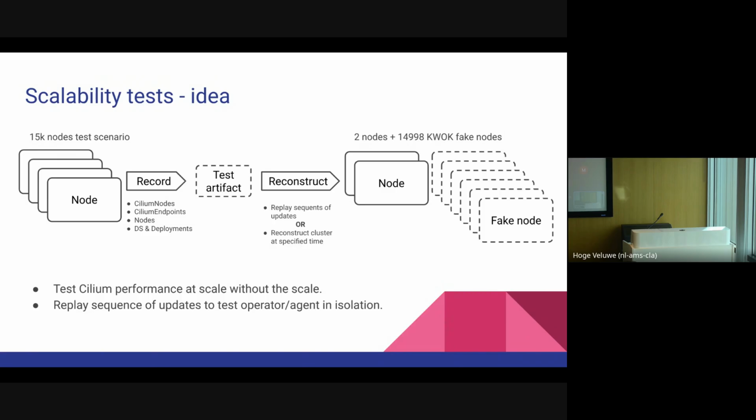This is another problem: we can't create a matrix of 15K tests for different instance types, it's impossible. But maybe with this, we can tell that Cilium works at this scale with this instance type fine, and agents work.